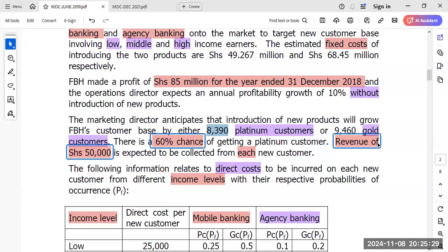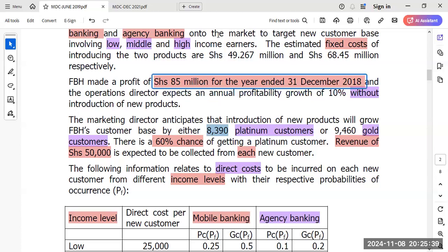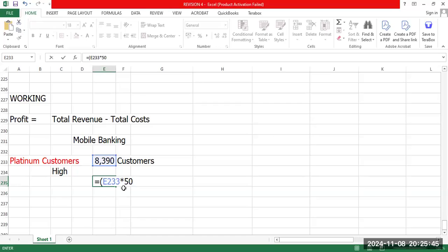I think we are given that revenue of shillings 50,000 is expected to be collected from each new customer. So I get the number of customers times 50.